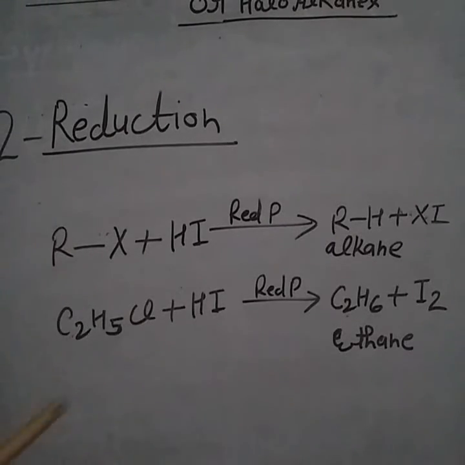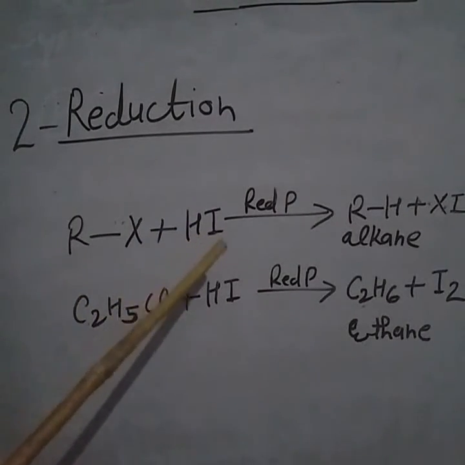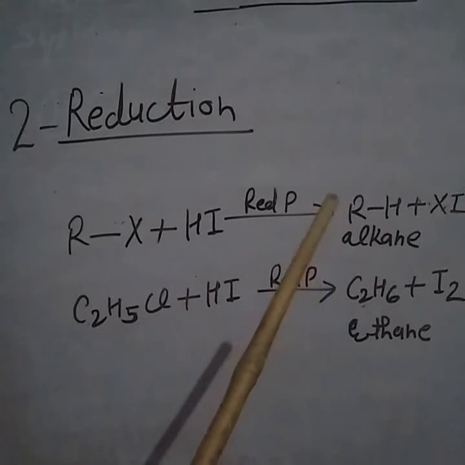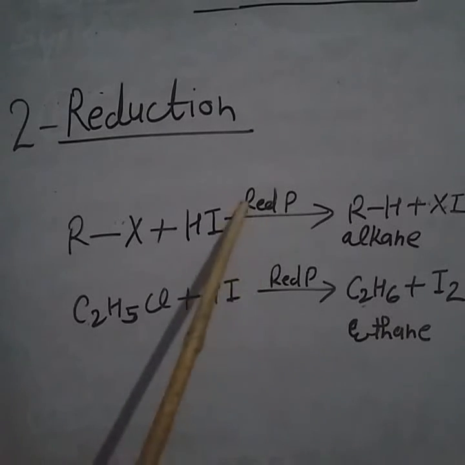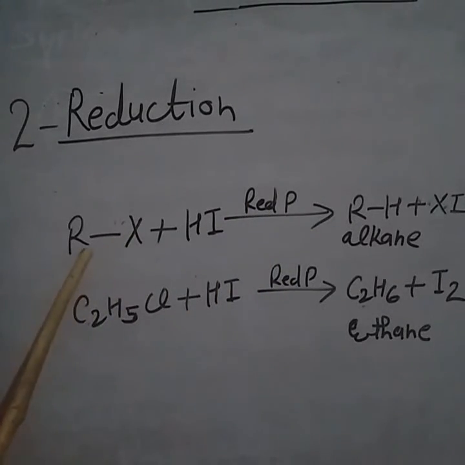The next reaction is hydrogen iodide, or hydroiodic acid, in the presence of red phosphorus, which converts haloalkanes to alkanes. In this example, chloroethane reacts with hydrogen iodide in the presence of red phosphorus, then gives ethane and iodine is released.